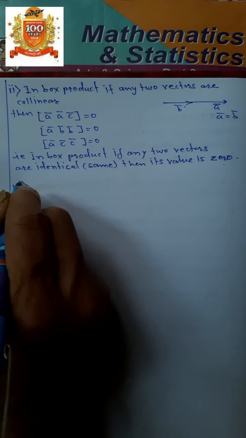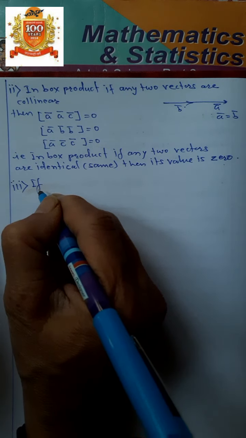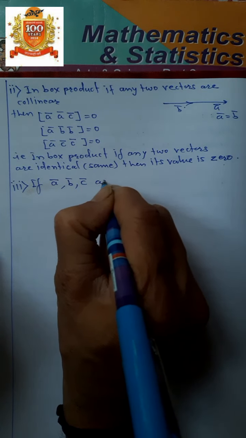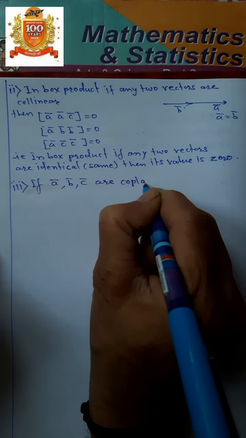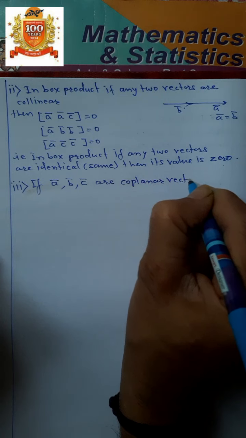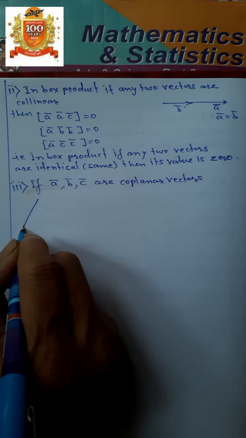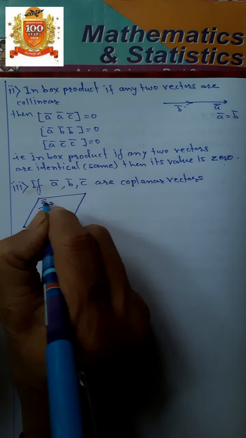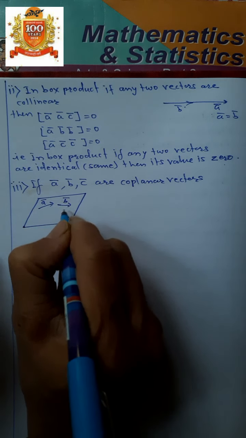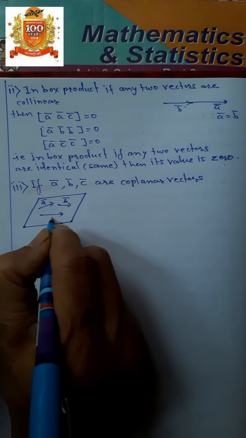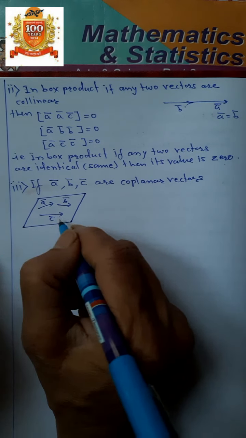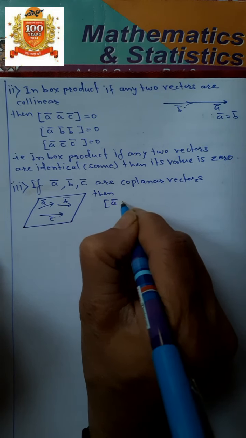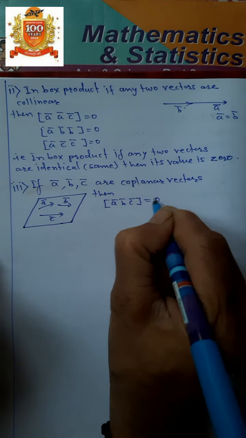Third, if A bar, B bar, C bar are coplanar vectors, that is, this is A bar, this is B bar, this is C bar, all three vectors lying in the same plane, then box product of A bar, B bar, C bar is equal to 0.